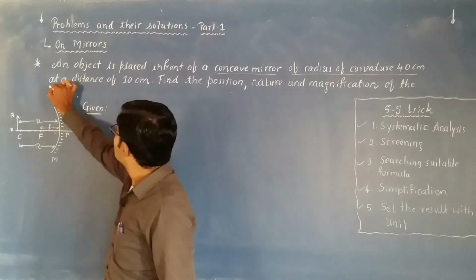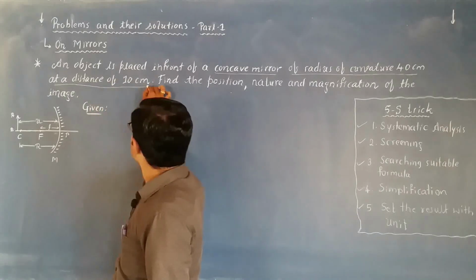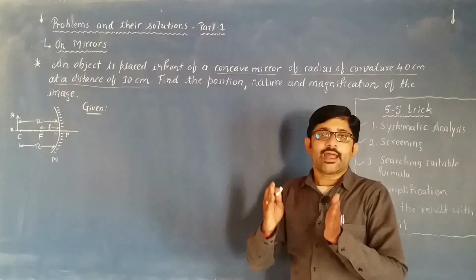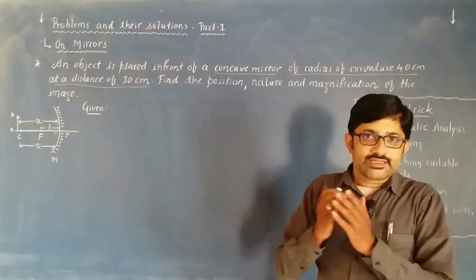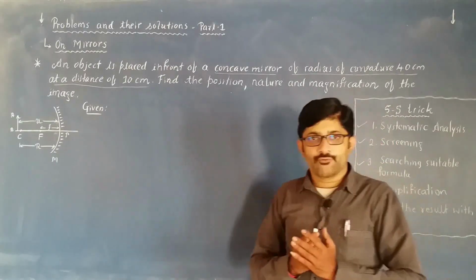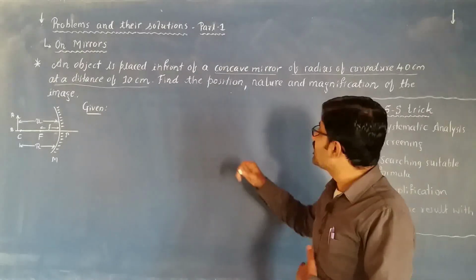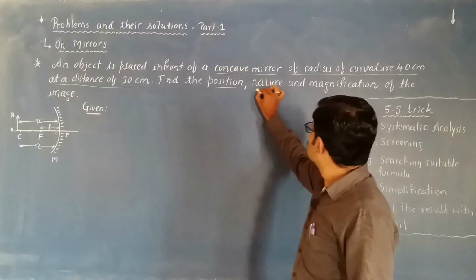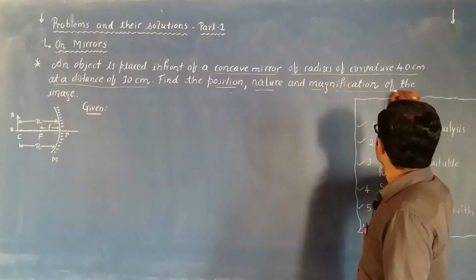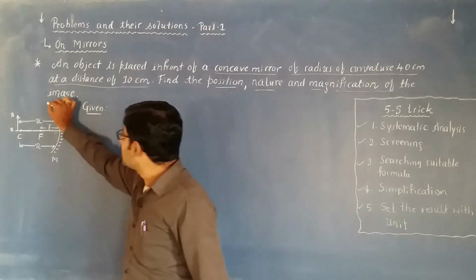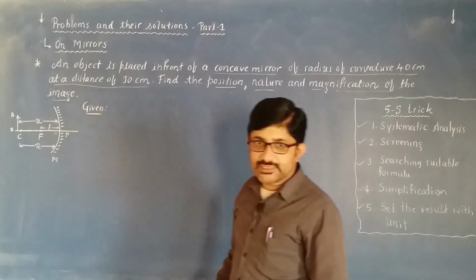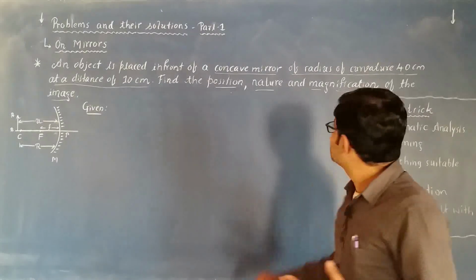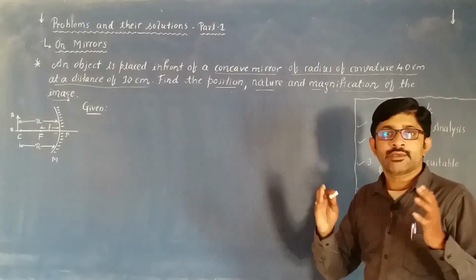The object is kept at a distance of 10 centimeter. Find the position, nature and the magnification of the image. You are calculating the image distance, nature of the image as well as the magnification of the image.